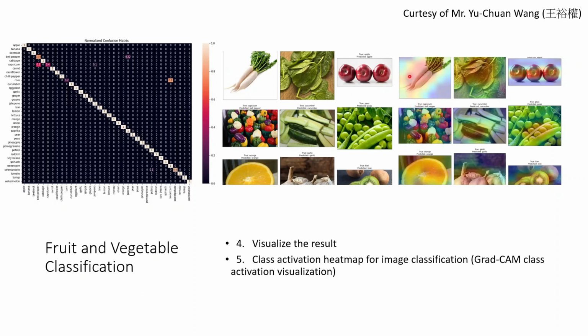The heat map means you can know where the convolutional network pays attention to. For the apples, they pay attention to the apple. And for those vegetables, they pay attention to where and how to do it.